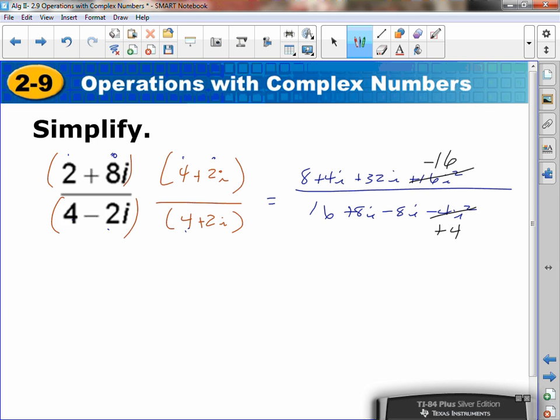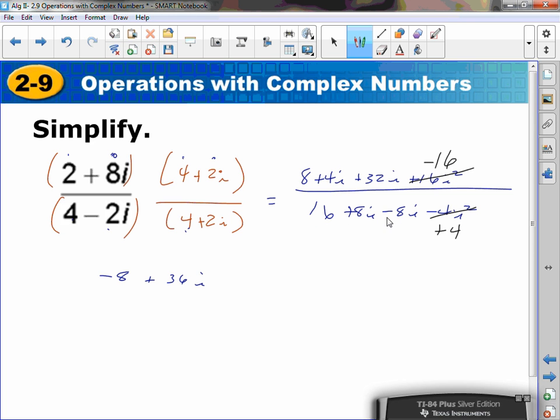Now I'm going to combine my like terms. Let's look at the real numbers. What's 8 and negative 16? Negative 8. What's 4i and 32i? Plus 36i. Now in the denominator, what's 16 and 4? 20.